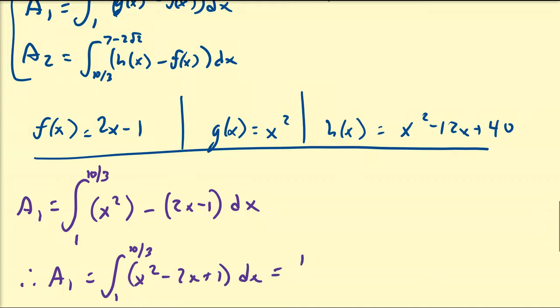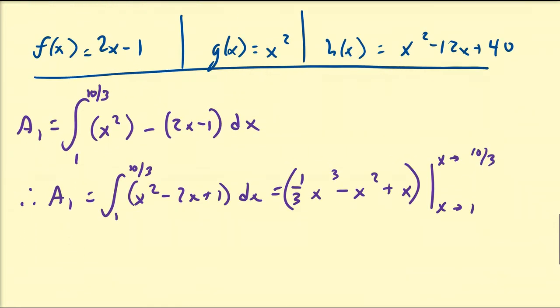Using the power rule, that's equal to 1/3 x cubed minus x squared plus x, and then I'm going to evaluate this from 1 to 10/3. Once you plug in 10/3, simplify, plug in 1, simplify and subtract, you should find that A1 is equal to 343 divided by 81.